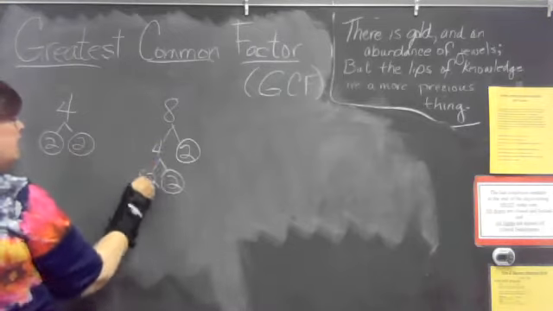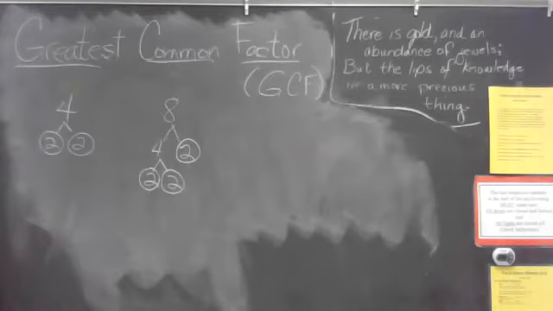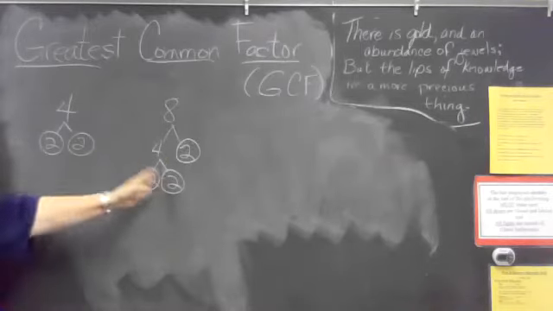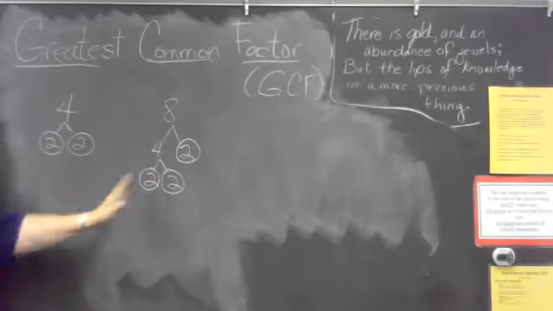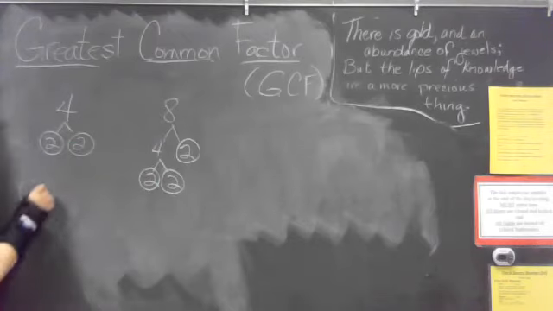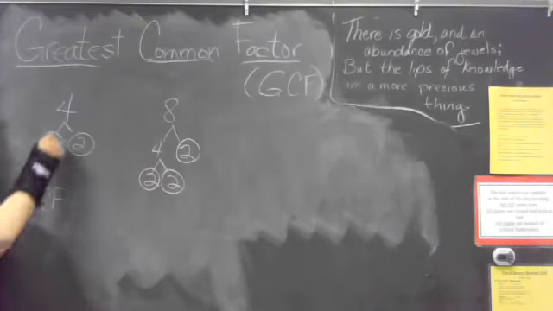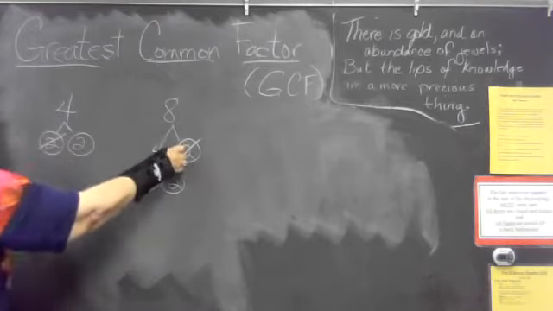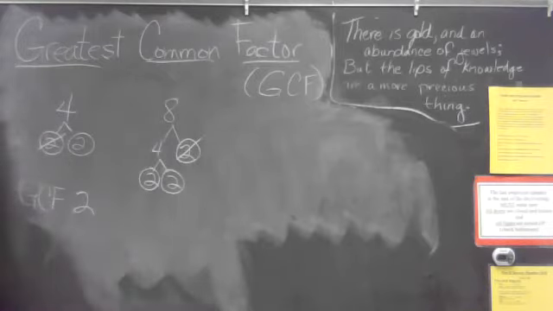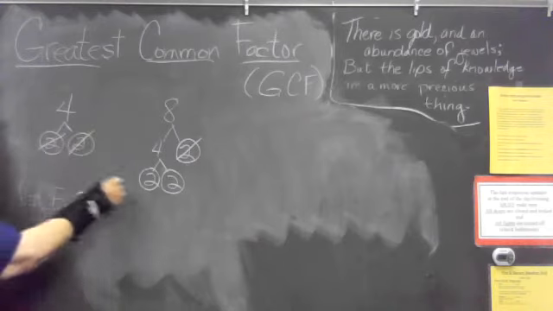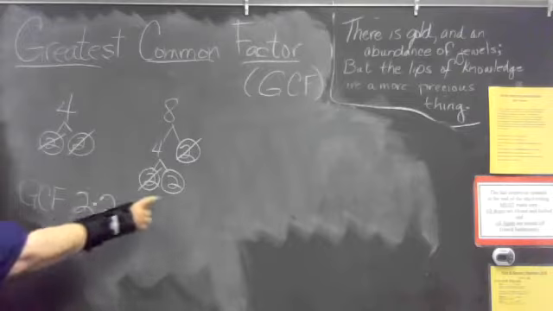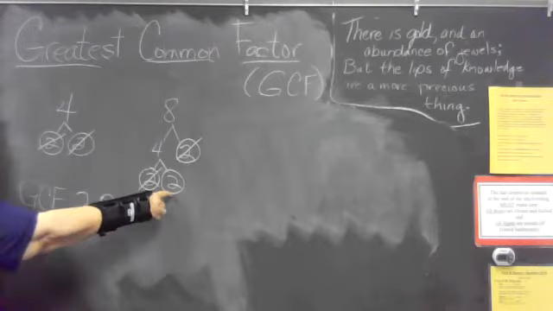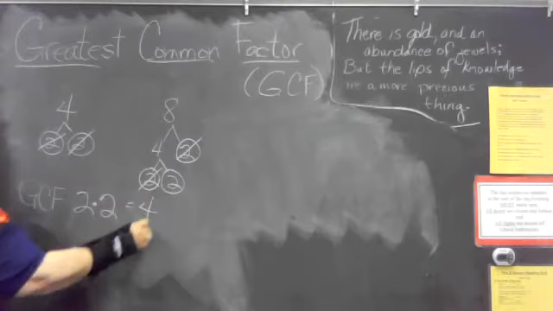Now the greatest common factor will be the numbers that match between these two. Not groups like we did before, but numbers that match. So the GCF here, I see that this 2 matches this 2, so I have a 2. And this 2 matches this 2, so I have another 2. There's nothing that matches that, so I can't use it. So the greatest common factor is 4.